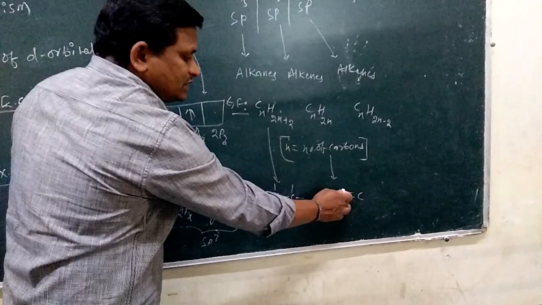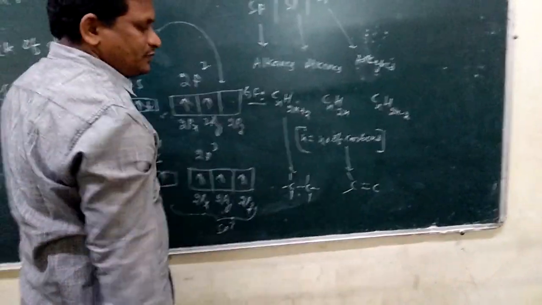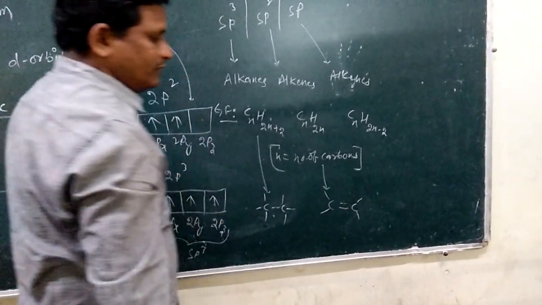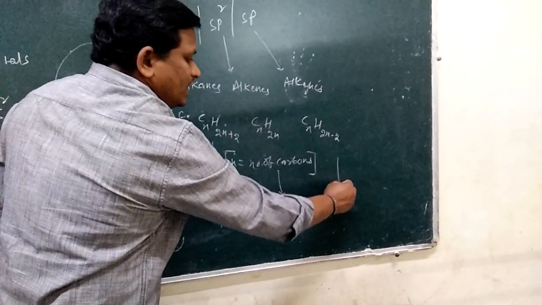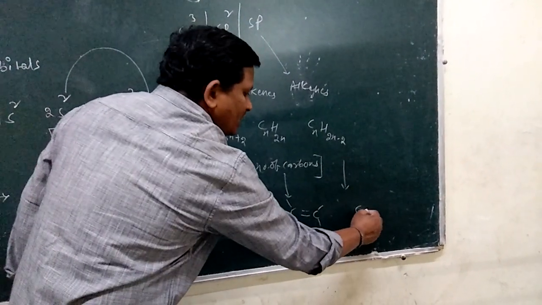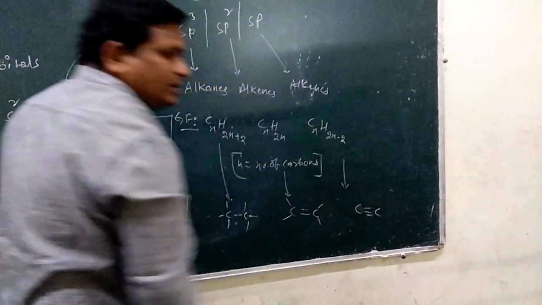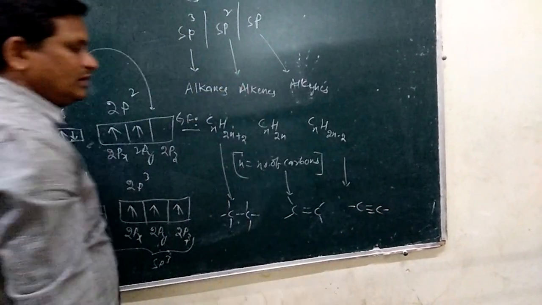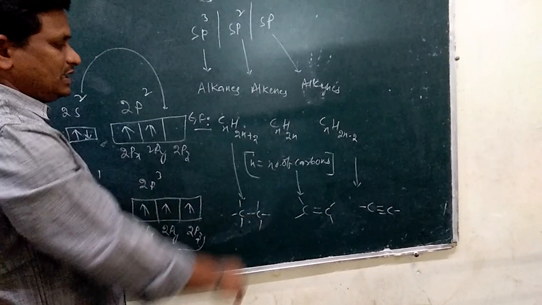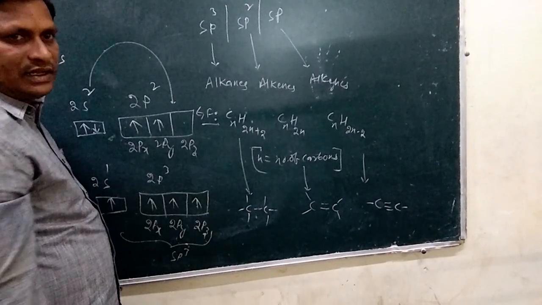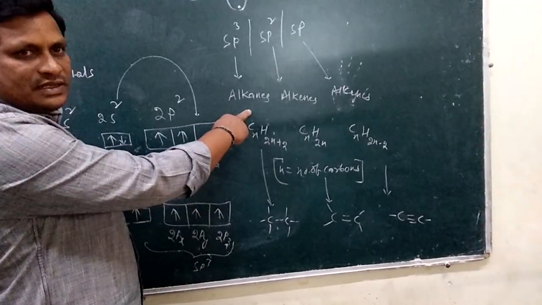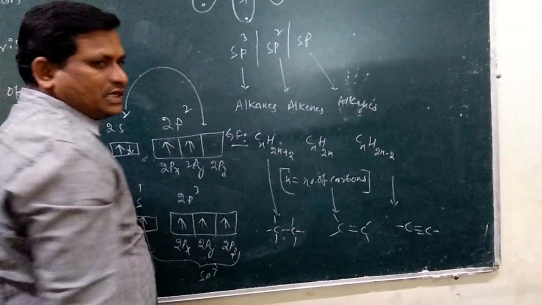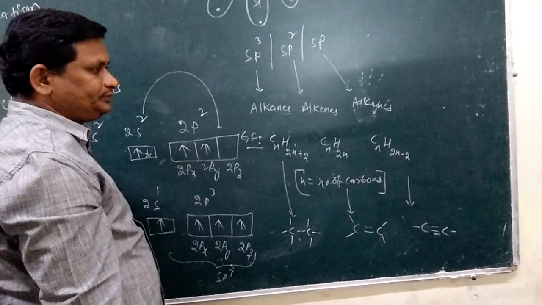In alkynes, a triple bond is present between two carbons. The remaining valency is satisfied with hydrogens. These are the alkanes, alkenes, alkynes. Generally alkanes are saturated hydrocarbons. Alkenes and alkynes are unsaturated hydrocarbons.